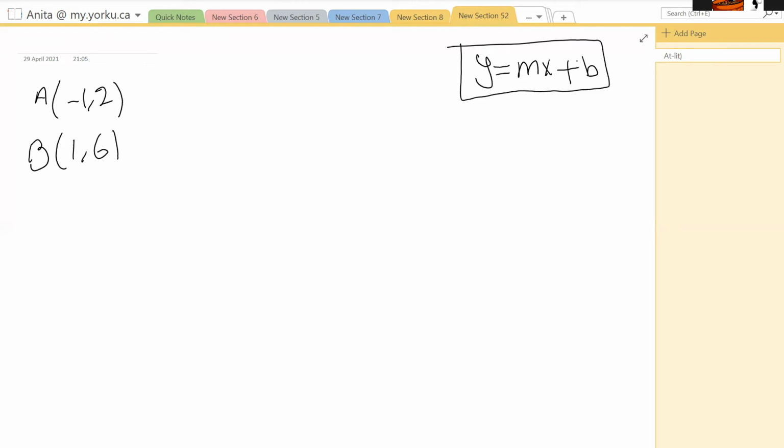First let's draw that line so that we understand what the graph looks like. See here, this is your y-axis and this is your x-axis.